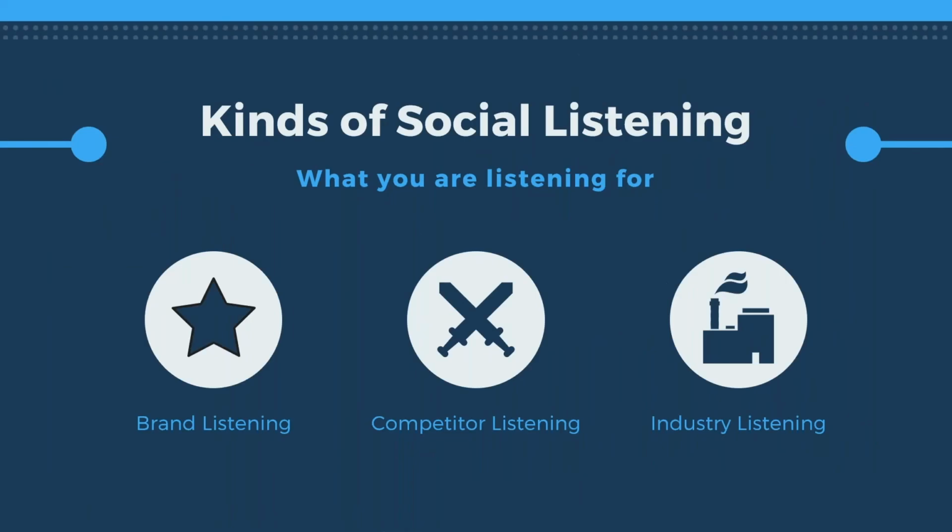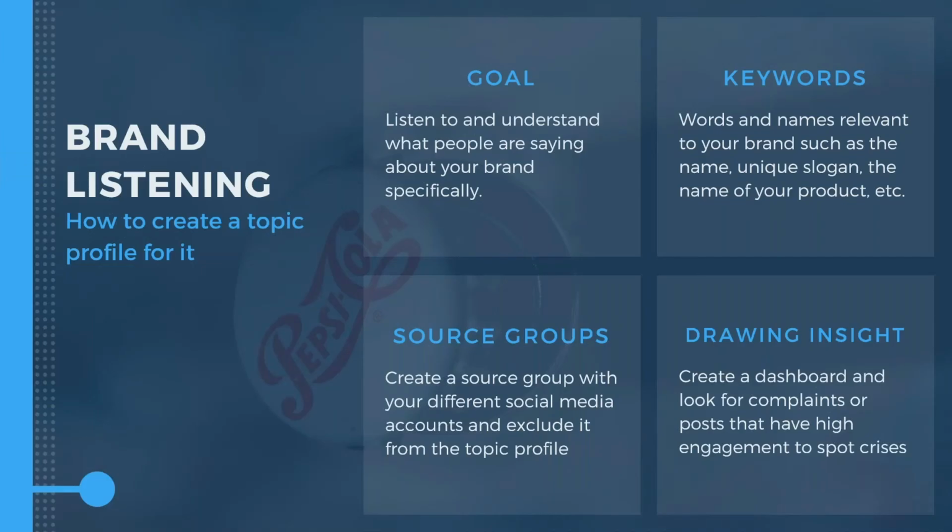So going back to the different kinds of social listening that are being focused on: brand listening, competitor listening, and industry listening. Let's start off with brand listening. With brand listening, the goal is essentially to listen to and understand what people are saying about your brand specifically. So when you're making keywords for that particular brand, for that particular topic profile, you're going to use keywords such as the words and names relevant to your brand, such as the name of your brand itself.